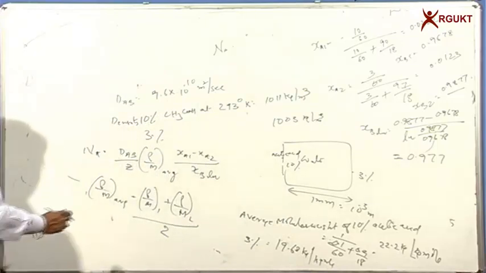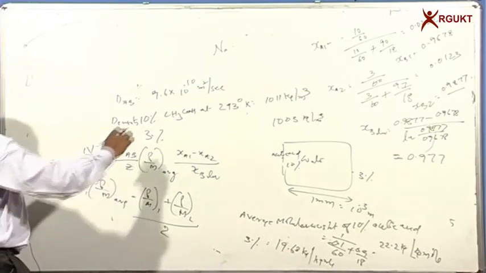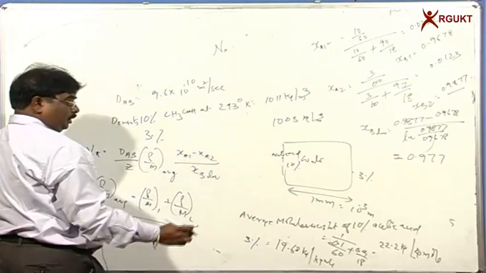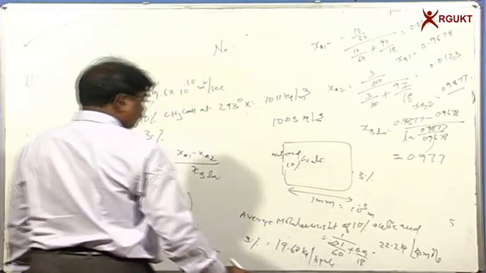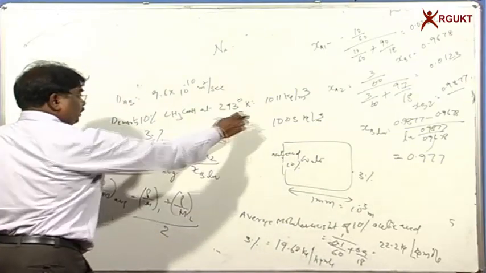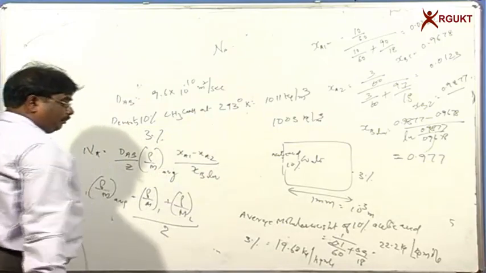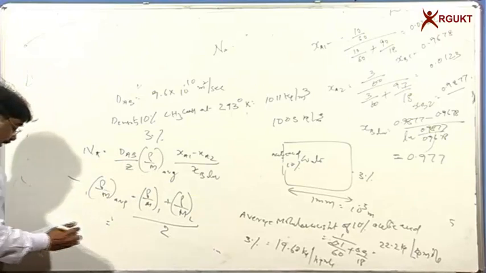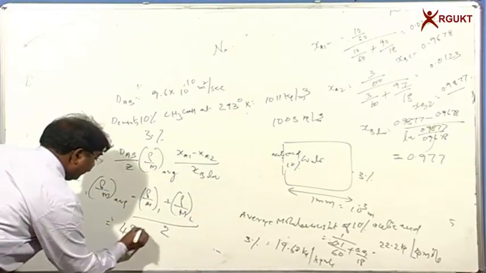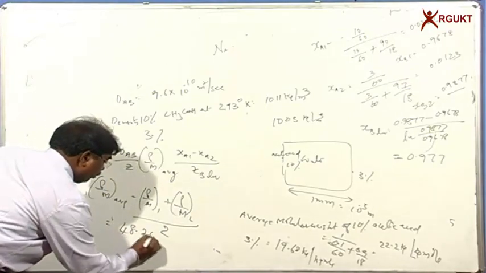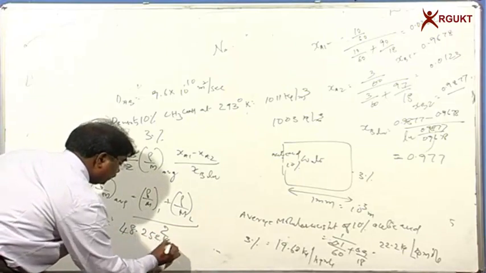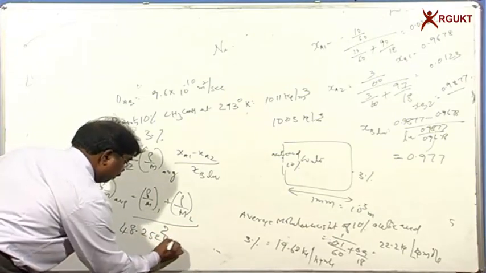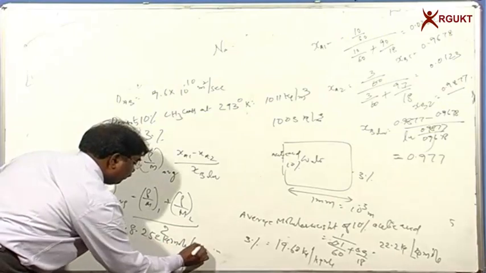Then you know rho, that is 1011, you know 22.22, you know rho 1003, you know 19.68. Everything can be plugged in here and we can calculate rho by M average as 48.252 kg moles per meter cube.